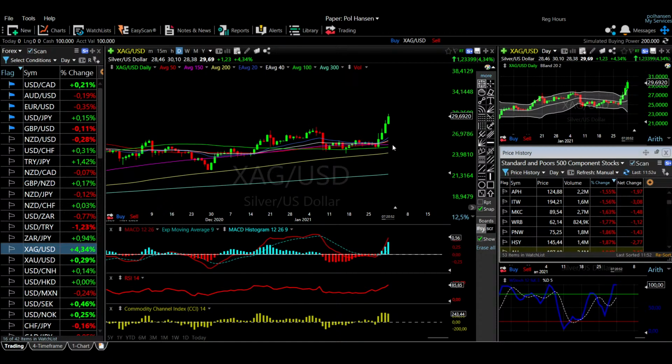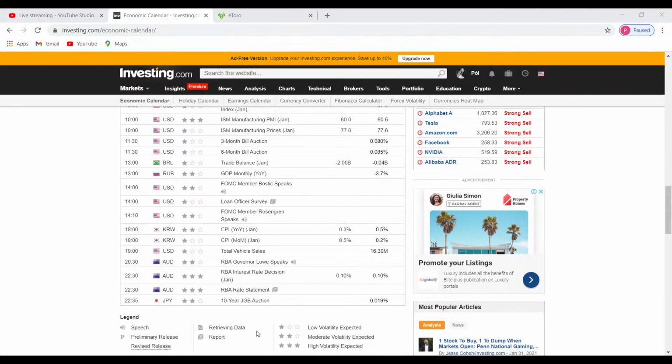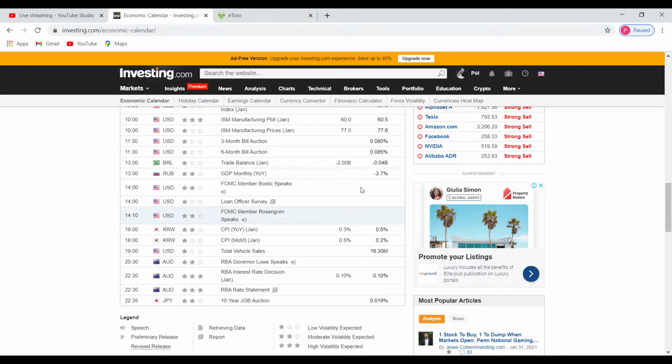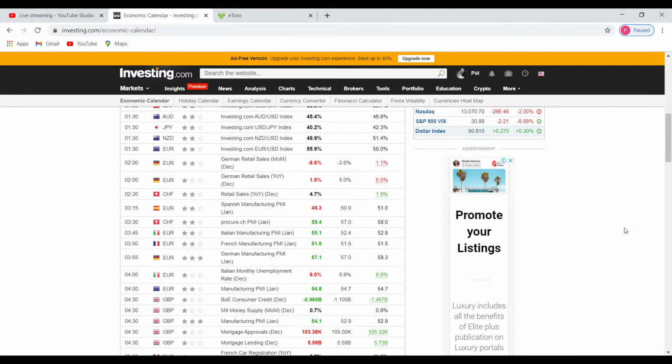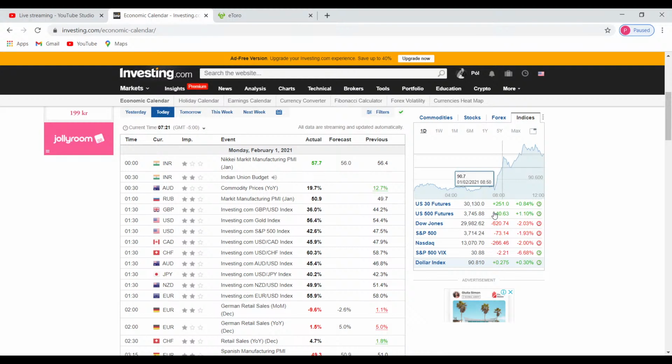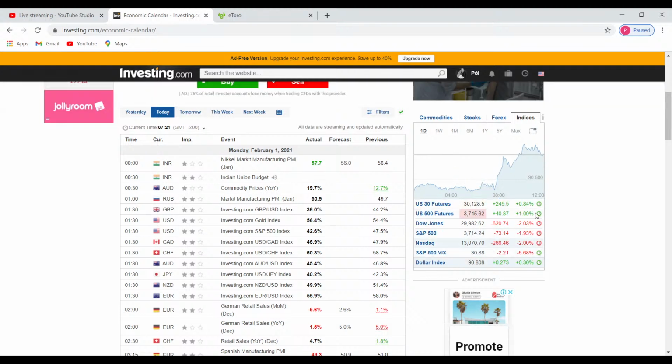So we can go and look at the stocks that I bought on Friday, because the market is doing really well at this current stage, and so we can go back onto Investing and see what is actually happening there. You can see that the indices are mostly all up. The Dow Jones is up nearly 1%.